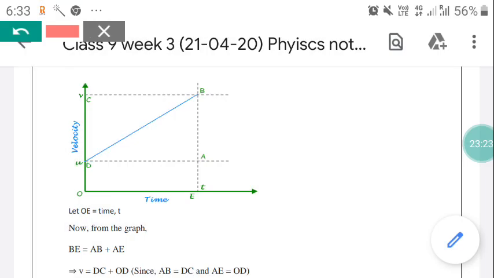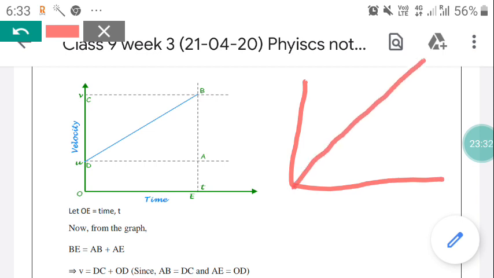See here, for graphs I have explained, if a body is moving with uniform velocity, it should be like this. It should pass through the origin. Here it is not passing through the origin. I draw the line from point U. This gap shows that at this point the velocity of the object is u. After that it becomes v and it remains v. So therefore I draw a straight line from point U.